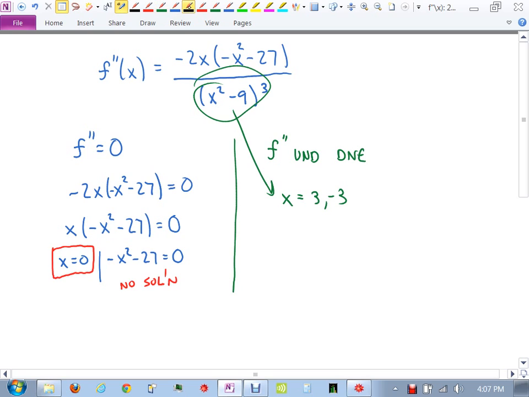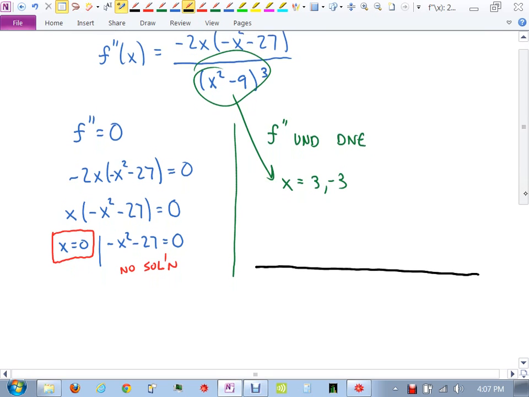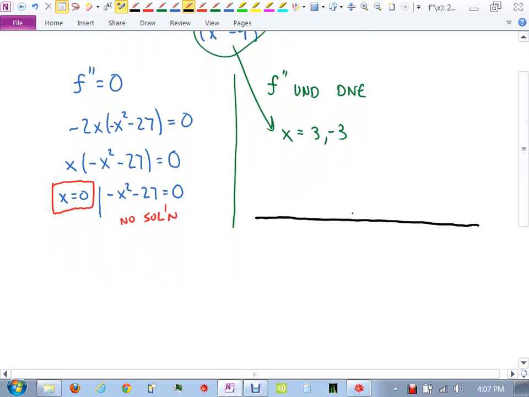Are we ready for a number line? What goes on this number line? 0, 3, negative 3. You can see why you're probably only going to have one of these on your final.